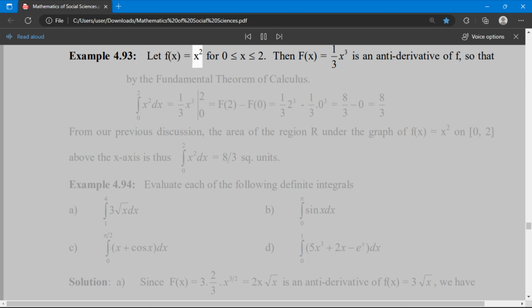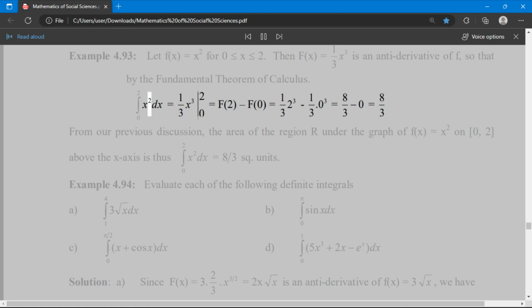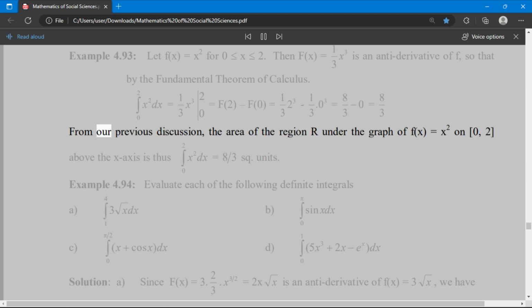Example 4.93. Let f(x) equal x² for 0 ≤ x ≤ 2. Then F(x) equals (1/3)x³ is an antiderivative of f, so that by the fundamental theorem of calculus, ∫₀² x² dx equals (1/3)x³ from 0 to 2, equals F(2) − F(0), equals 8/3 − 0, equals 8/3.